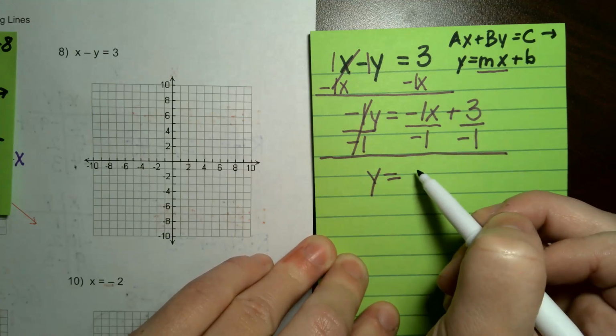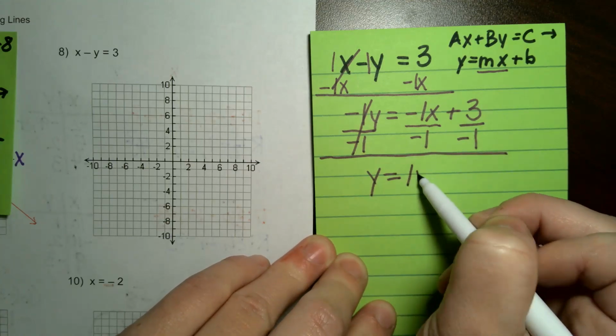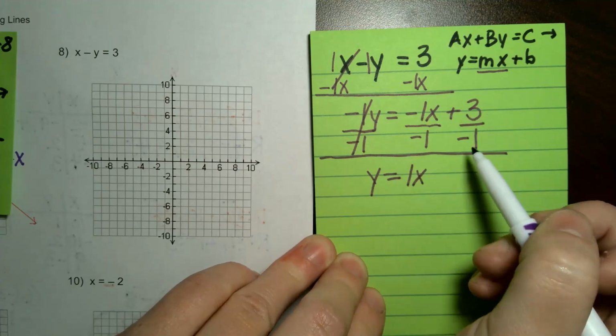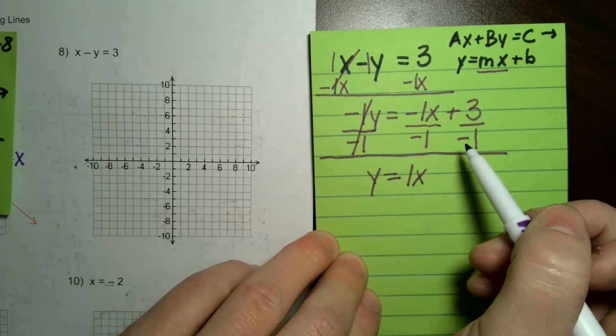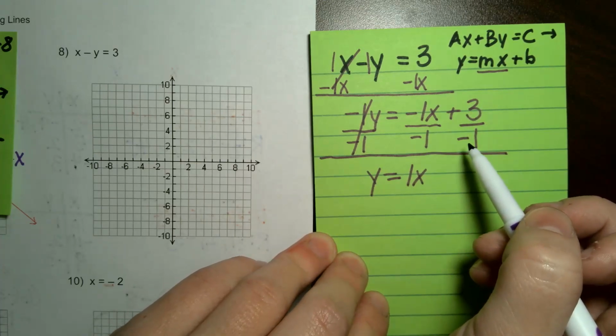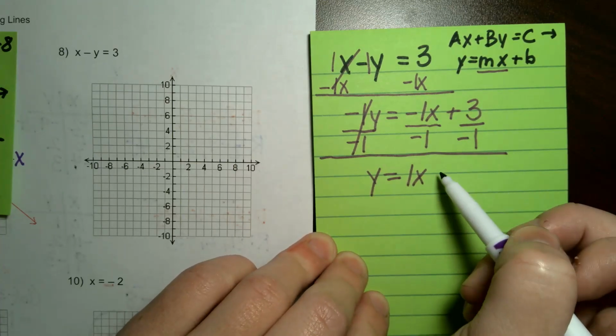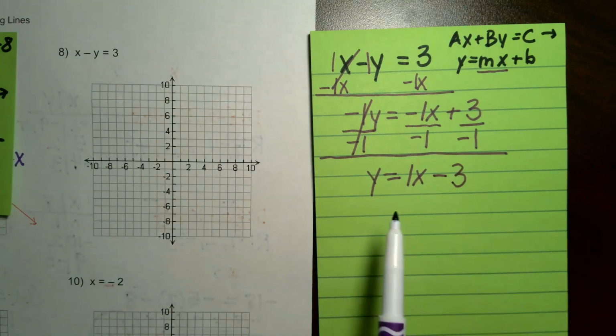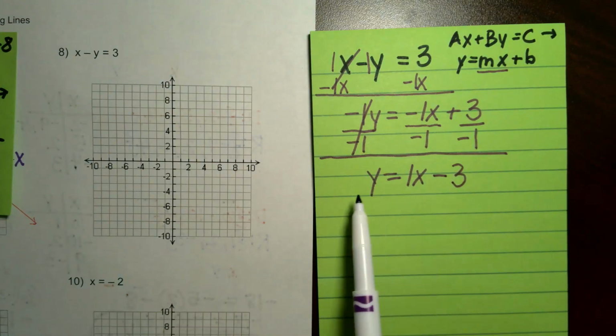So now I have positive 1x, plus, what is 3 divided by negative 1? So we have a positive divided by a negative. Yes, that is going to change our sign to a minus 3. Okay, so now we have our slope-intercept form.